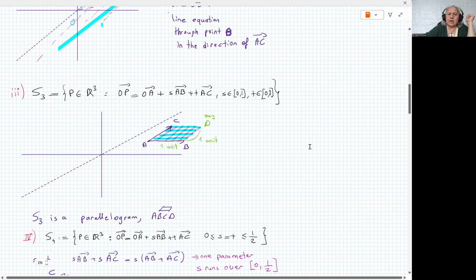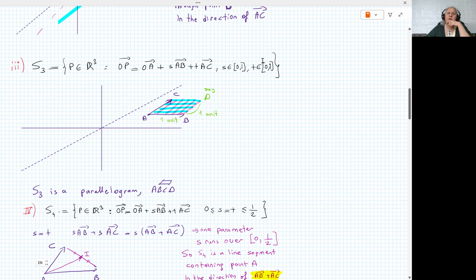Okay, S3. Now we don't have the whole parameters S and T running through from 0 to 1. It means that we don't have a plane. We have a cut plane. So it's a parallelogram because the coefficient S runs from 0 to 1.